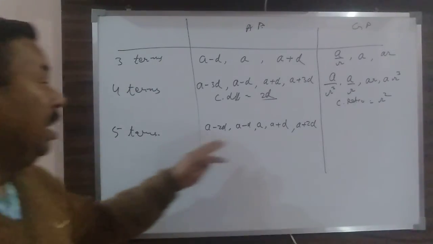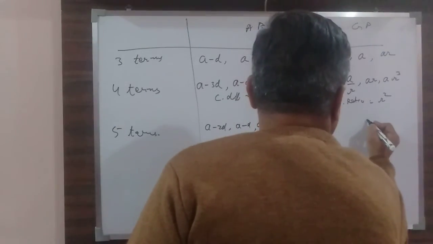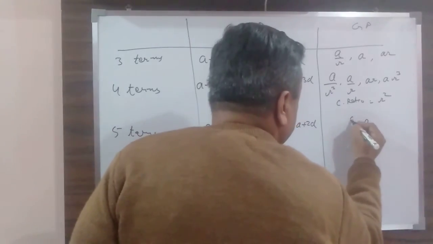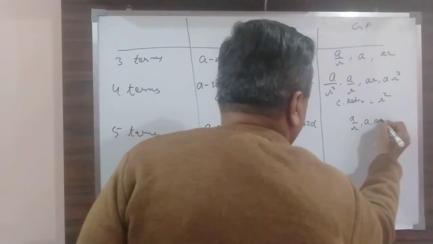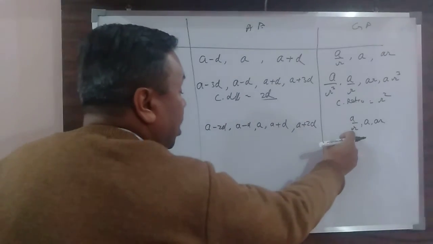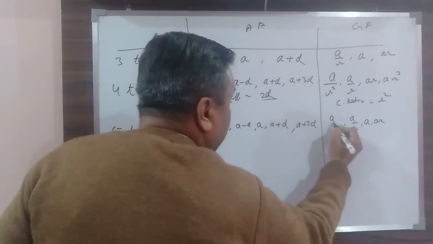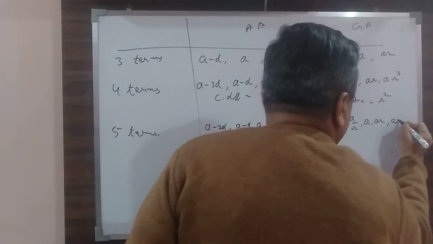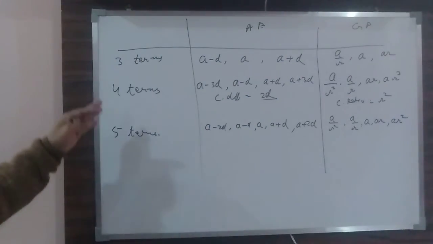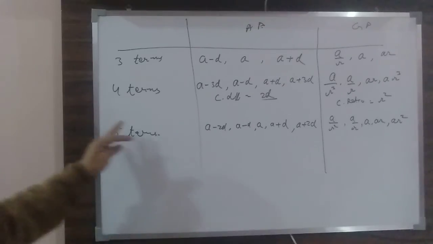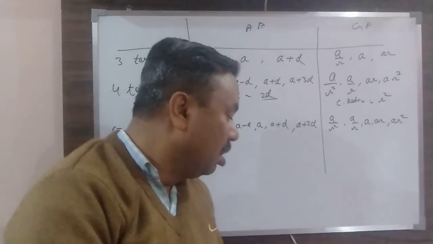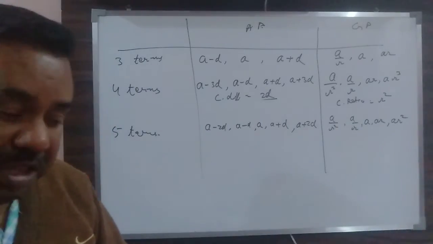Similarly here also the middle term will be a, then this is a over r, and this is ar, then one term previous to this, that is a over r square, and one term next to this, that is ar square. Okay, so this will make your questions, or this will make your solution more and more easy.